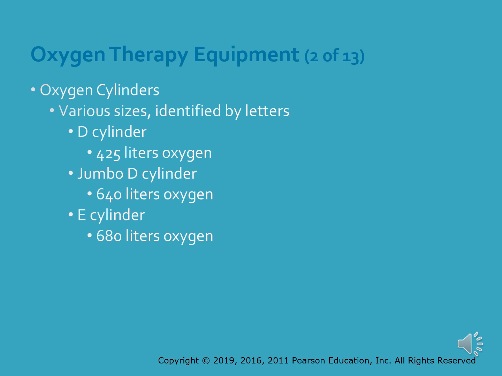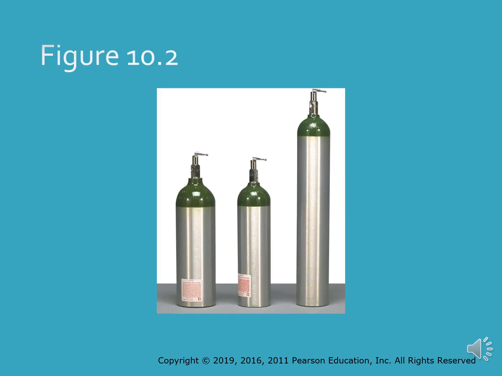Again, the oxygen cylinders come in various sizes identified by the letters: the D cylinder, the Jumbo D cylinder, and the E cylinder. Here are various sizes of portable oxygen cylinders. From the left to the right is the Jumbo D, the Standard D, and then the E.